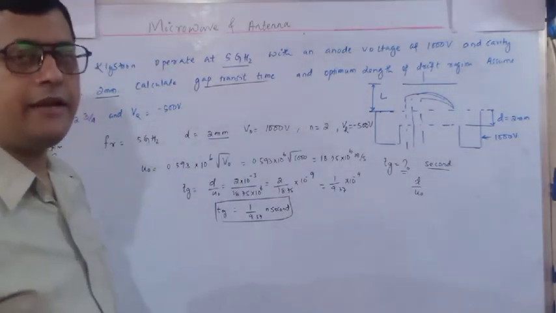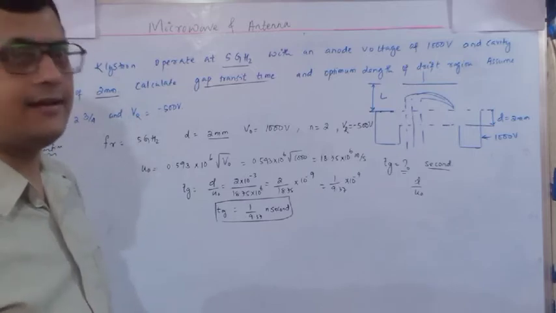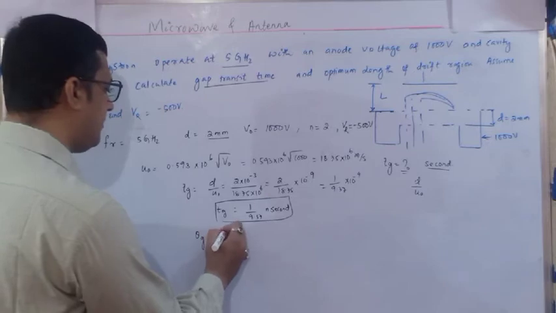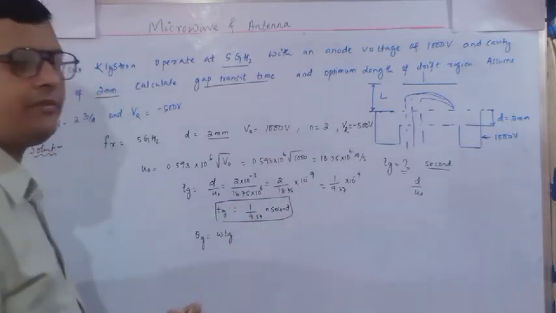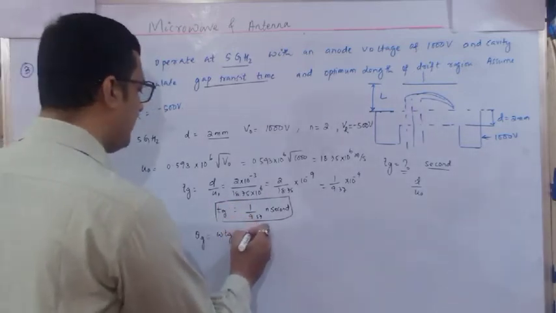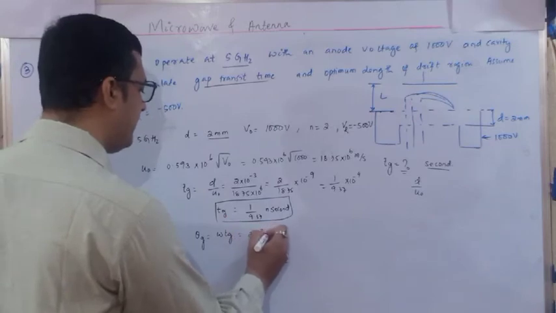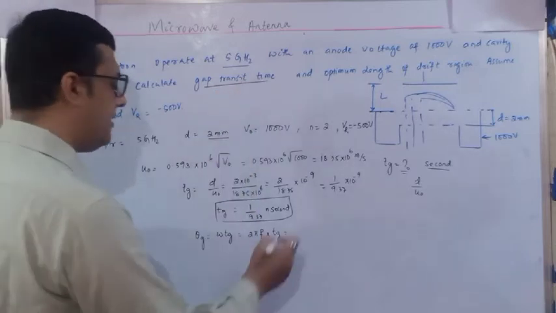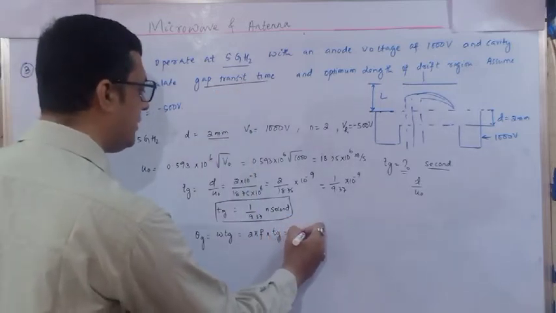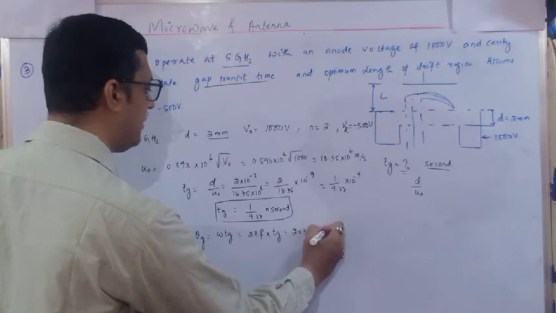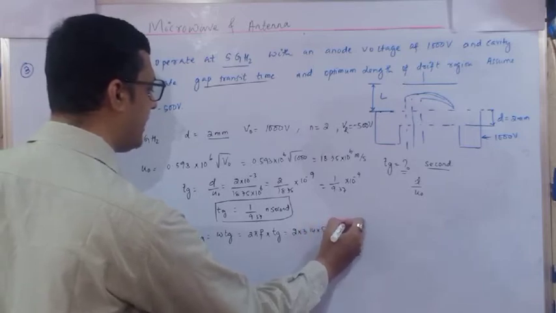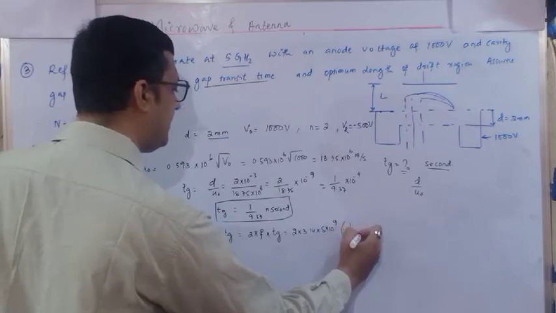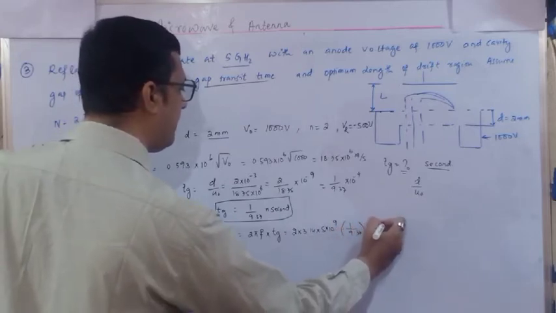Now here if they ask about what is the transit angle, so what will be our answer? Transit angle theta g is equal to omega Tg. Simple. So what is omega? Omega is equal to 2 pi f into Tg. So what is 2 pi f? F is how much? 5 gigahertz is given. So 2 into 3.14 into 5 into 10 to the power 9, and Tg is how much? 1 by 9.37 into 10 to the power minus 9.